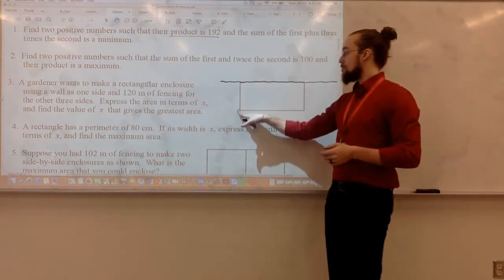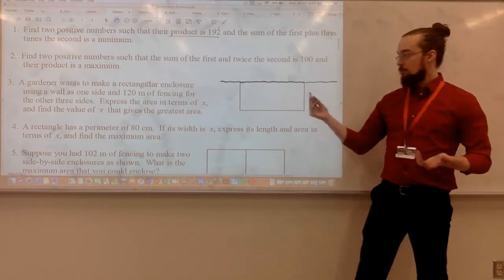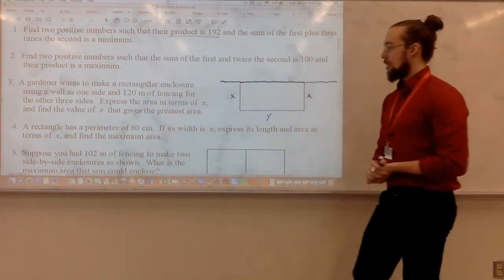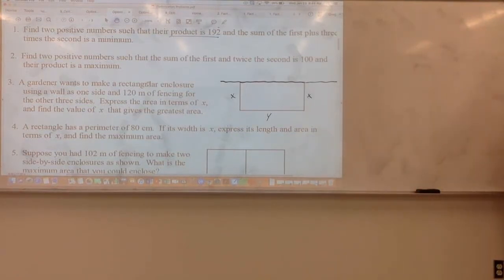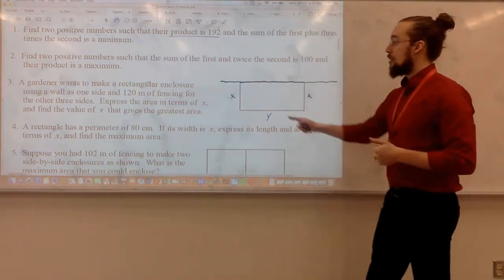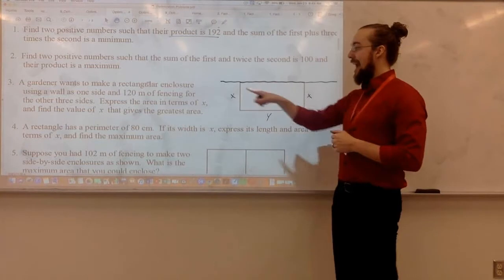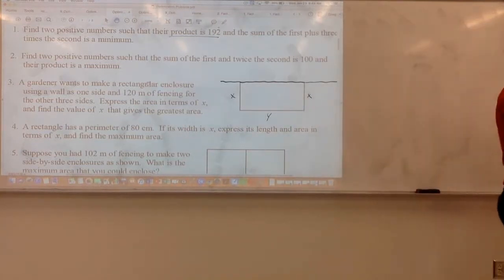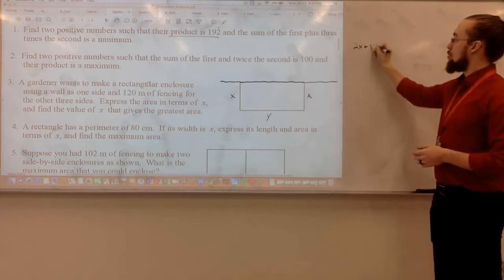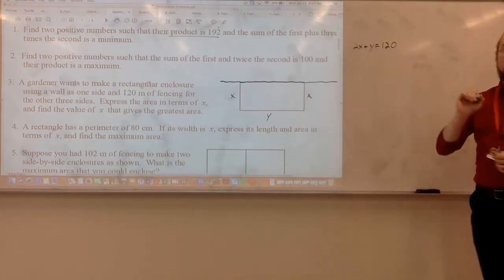We want to make a fence that's got 3 sides. I can say that these sides are x, this side is y. I don't know any of those lengths. What I want to do is maximize the area, given that these 3 sides have to add up to 120. Well, what I can say then is 2x plus y has to equal 120.